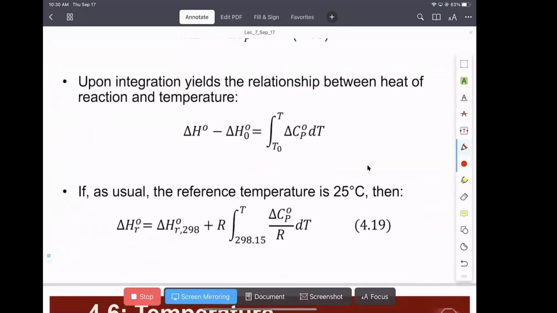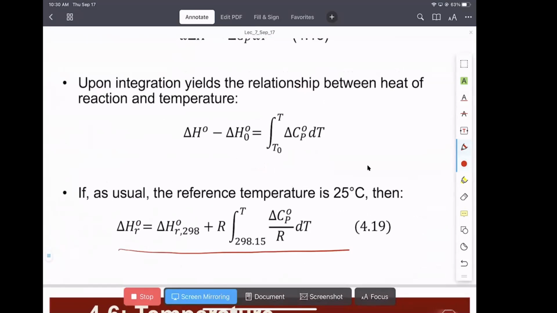The temperature dependence is most easily understood by this equation. So we have the reaction where A and B react to produce C and D. And I need to calculate this delta H of reaction at standard state, but at a different temperature.